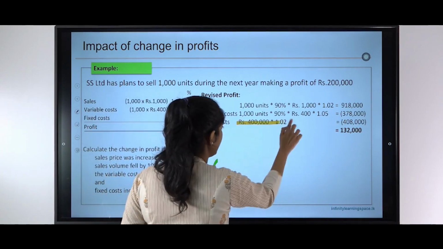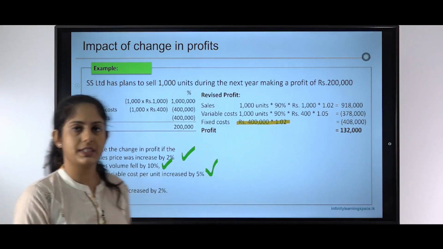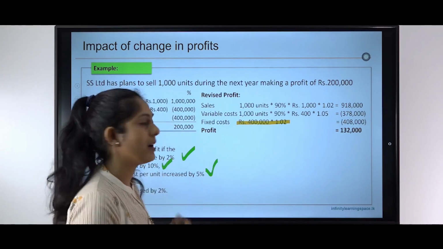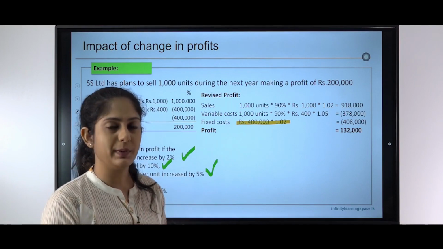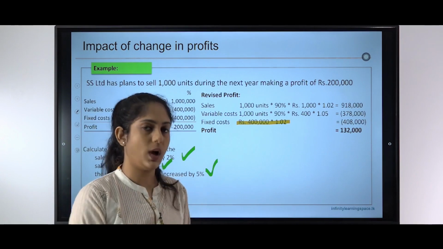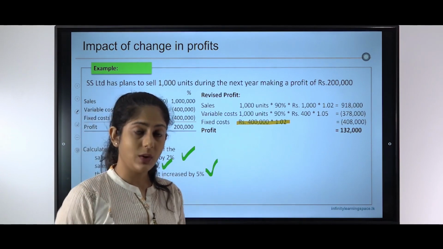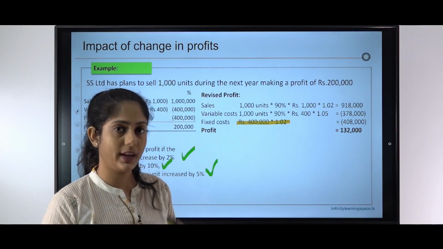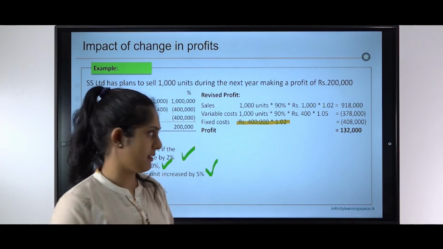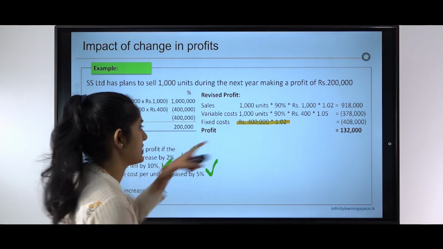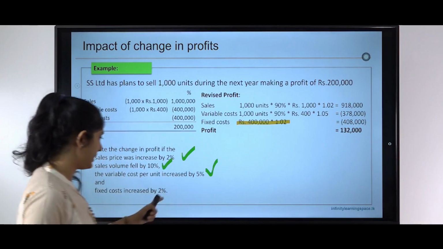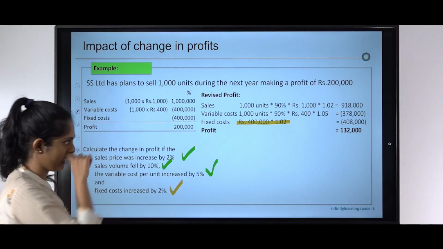Now just in one line I am going to write it as 400,000 into 1.02, right? We don't need another working, we know how to do this. If it's up 2% it is 1.02, up 10% is 1.1, down 10% is 0.9. Up 50% means 1.5. Likewise, we just change this number and we know how to calculate the fixed cost that increases by 2%. So done.